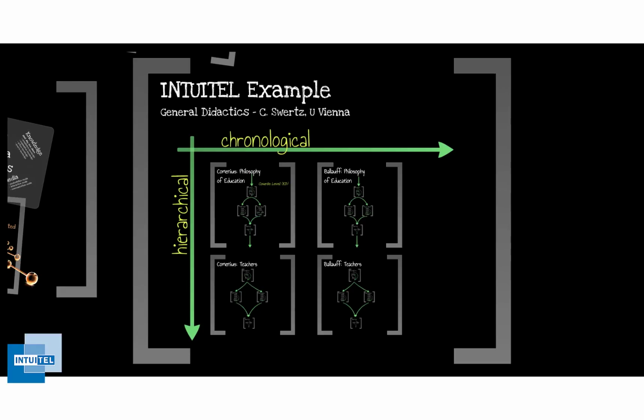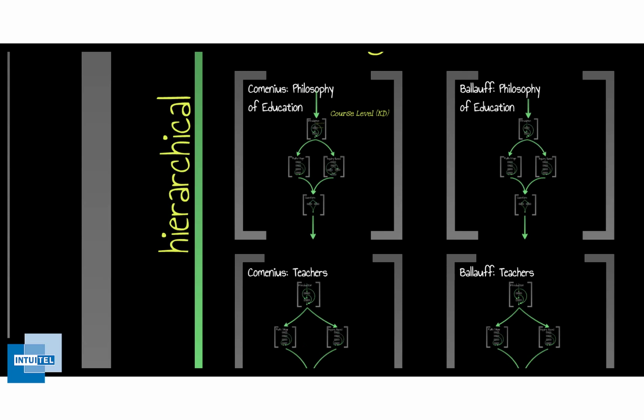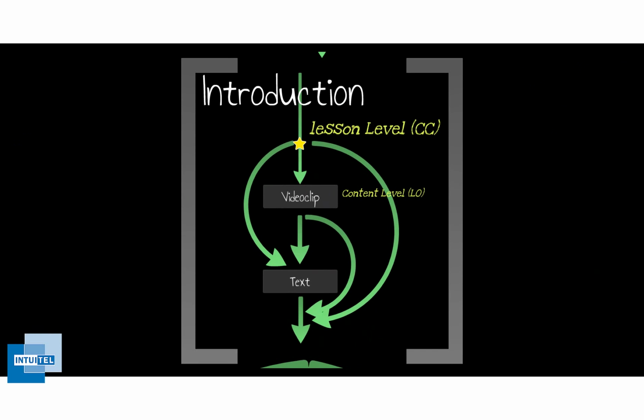At this point, remember our example about general didactics. On the micro level, within a lesson, the learner may have just finished, for example, a video item. According to the possible transitions between the learning objects, the learner may now be advised by INTUITEL to navigate to another text item or to finish the current lesson and go to the next lesson.